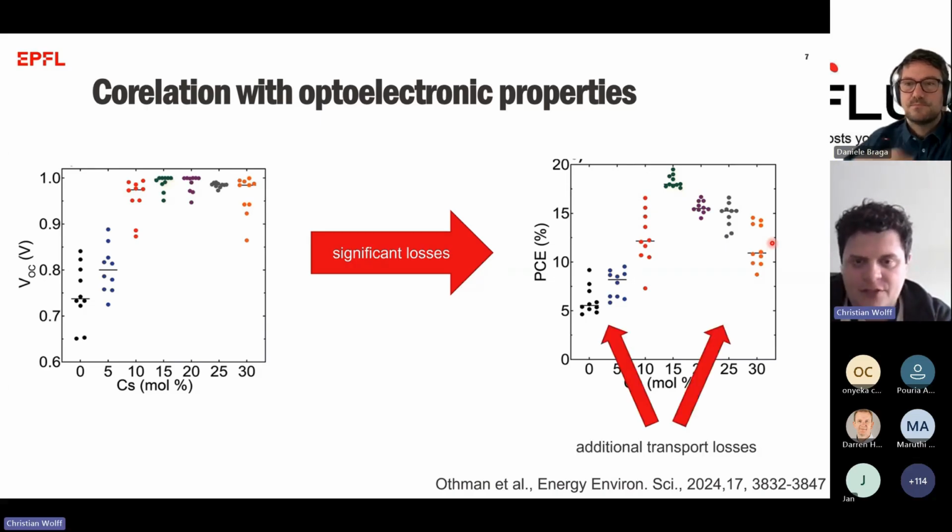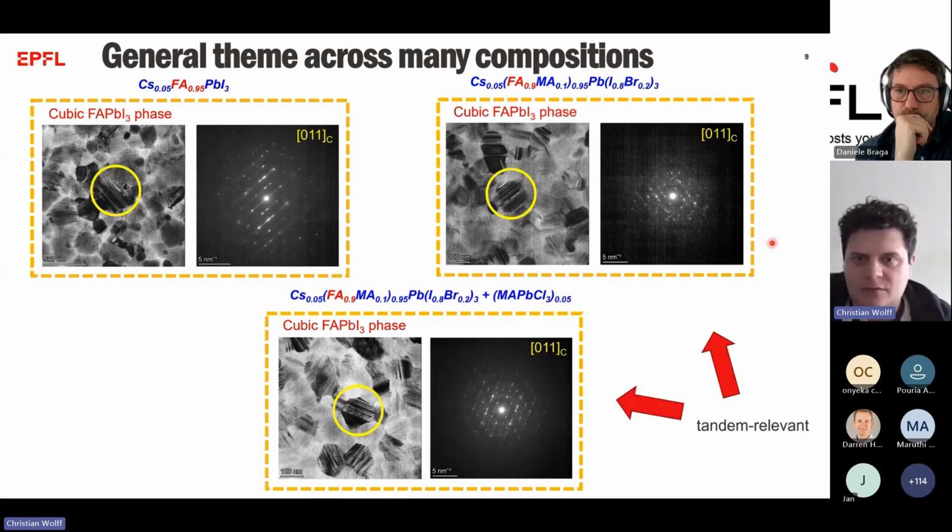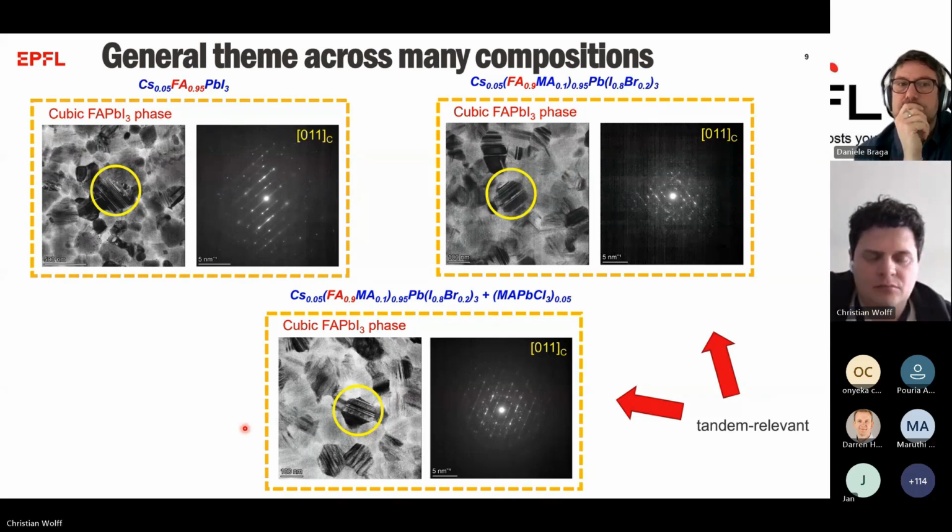Yeah, great question. So this was sort of the reason why we also looked at the compositions containing MA. The reason why Mustafa, the PhD student, chose not to is twofold. If you are trying to look at something very fundamental, it's good to have a simple system. That's argument one. And then we have an internal debate which goes exactly along the same lines.